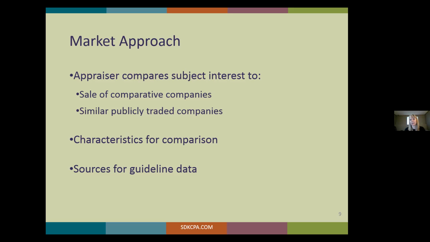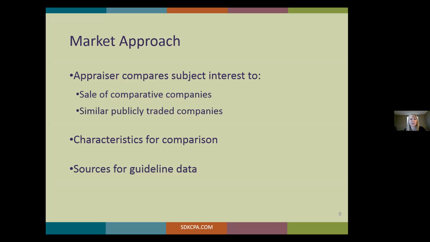So to come up with guideline data, first we look to see if there were any prior transactions of the company stock. And if there was, to make sure that these were arm's length transactions, because that can set a precedent for the value of the company. Then also we look to see if there's any publicly held companies that are similar enough, because there's a lot of data available.